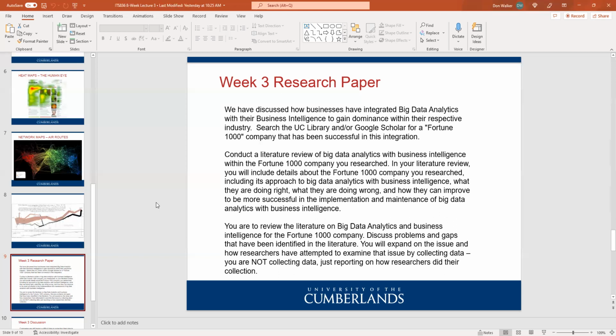So if you can get 3 or 4 articles that talk about analytics, just talk about what they were doing. What was the bottom line? What was the result of the addition of data analytics into their big data analytics, or even traditional analytics.